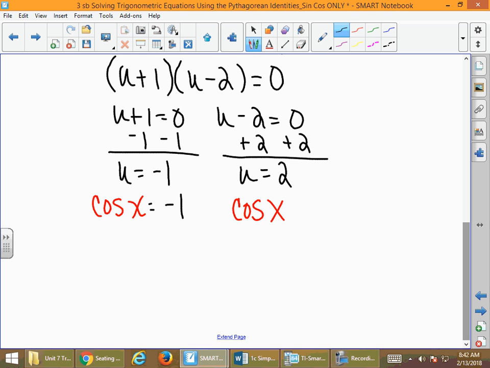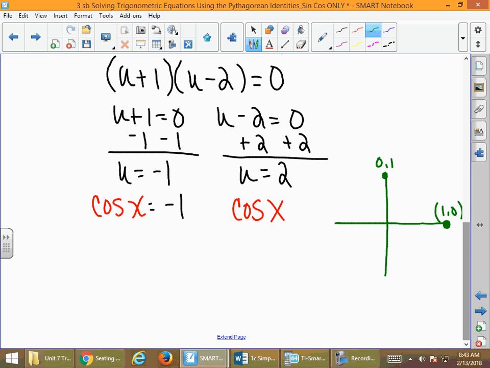And then we need to ask ourselves, where on the unit circle does cosine equal negative 1? And yet again, I want to suggest to you that you maybe draw a mini coordinate plane on your paper and you put in these values. Here is 1, 0.